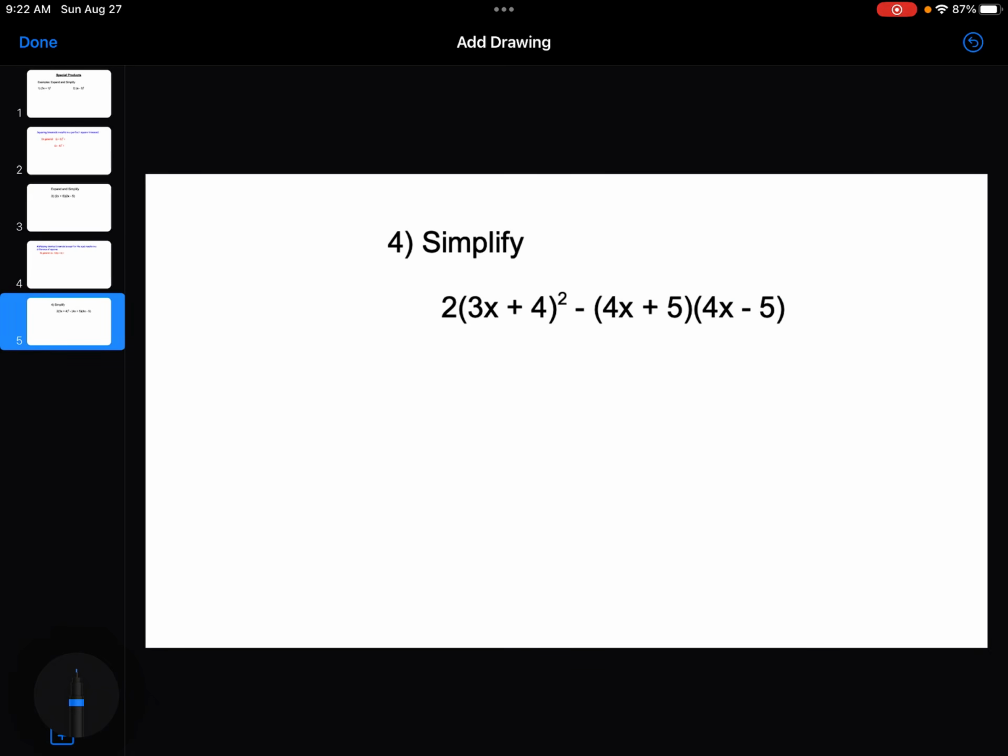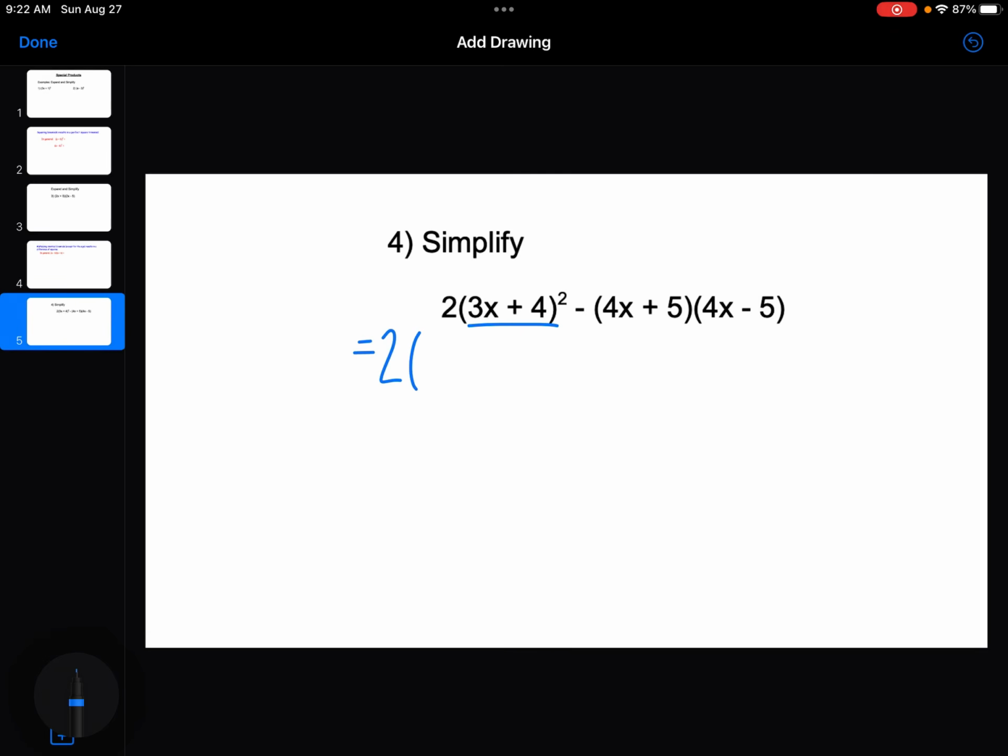So if we look at a final example here, and we're going to put all of our concepts together, if I looked at this to simplify it, I'm going to leave the 2 because I'm going to multiply binomials together first, and I'm going to get something like this. So 2. Now I'm going to square this binomial.